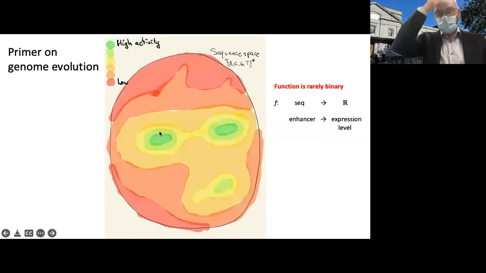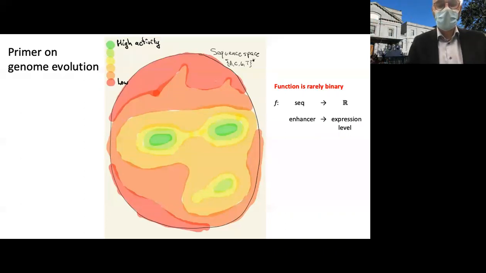Now, if we go one level of refinement further, a lot of functions in biology are not binary, but more quantitative. A certain enhancer might activate the level of expression of a gene to a certain degree. It might be important for that enhancer to activate this gene at that degree and not too much more and not too much less, because the balance of the cell might depend on that level.